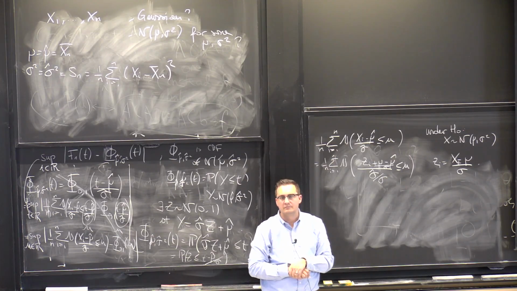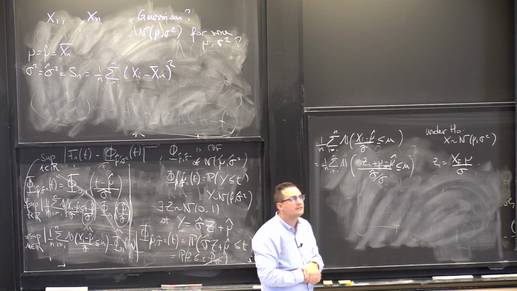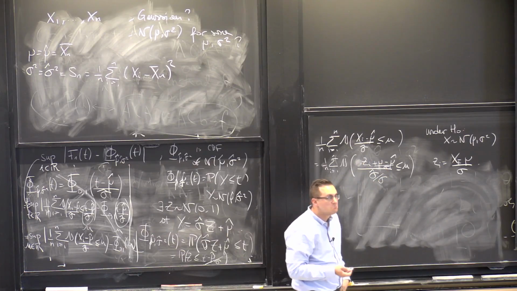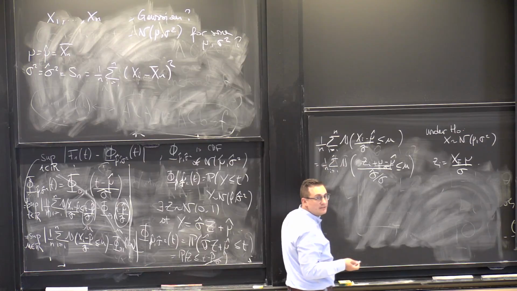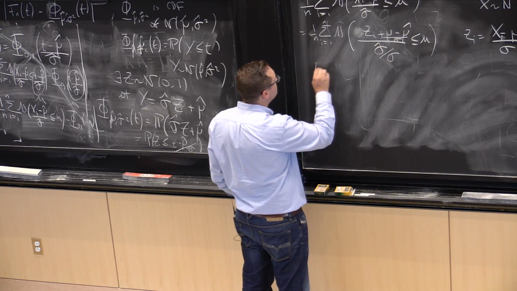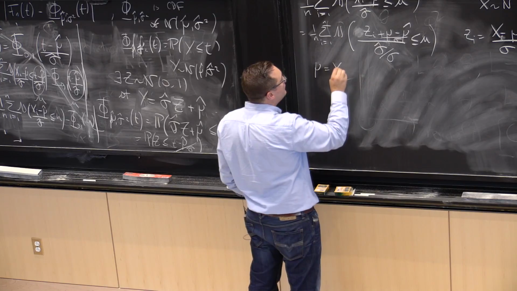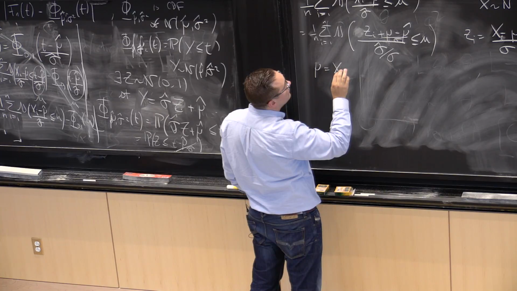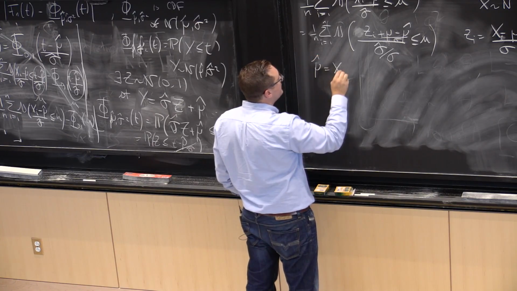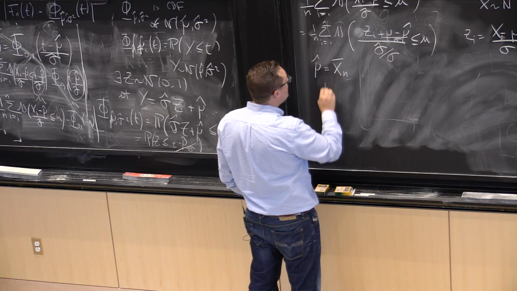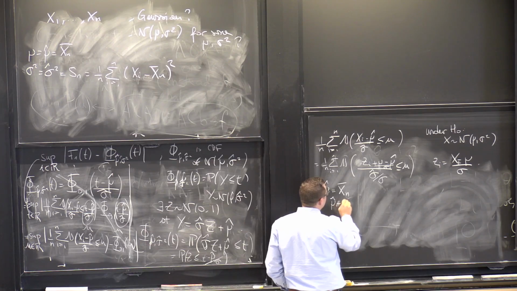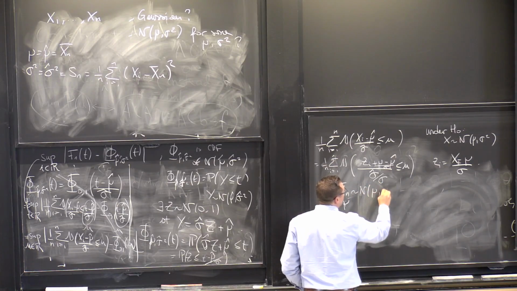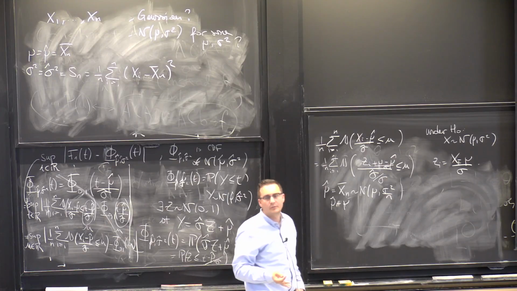It's a Bernoulli, and so if I want to understand its distribution, all I need to do is compute its expectation, which is just the probability that this thing happens. But that probability does not depend on mu and sigma. The reason is that mu hat is X bar n, so mu hat minus mu, under the null, follows N(0, sigma squared over n). That's the property of the average.